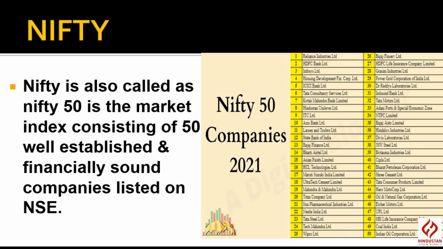And if the majority of the 50 companies in the index are going down, then Nifty also goes down. This is what investors mean when they talk about Nifty or Sensex going high or low. Now, these 50 companies are selected on the basis of free float market capitalization. So, all the big companies which have a very large market capitalization are selected in the Nifty index.